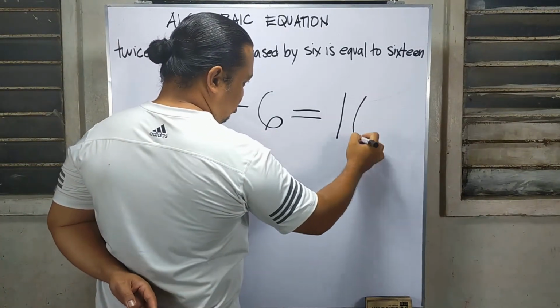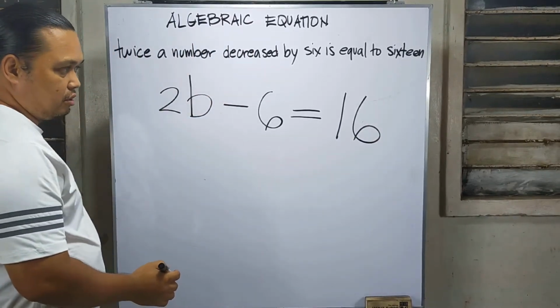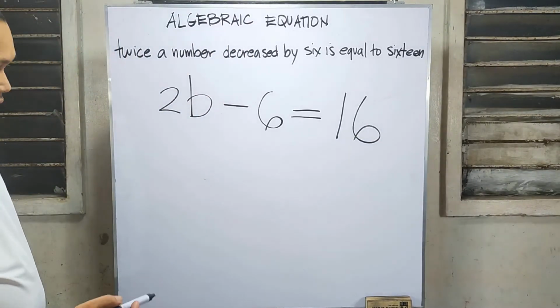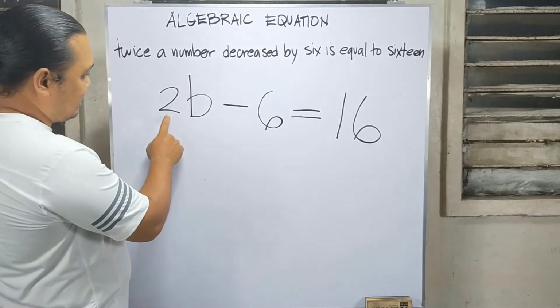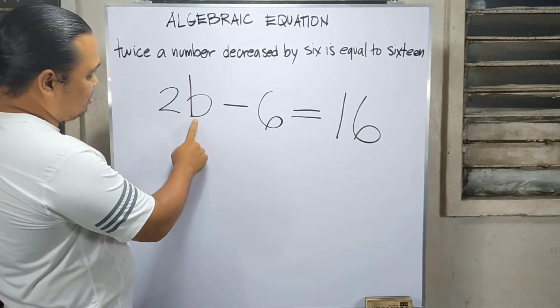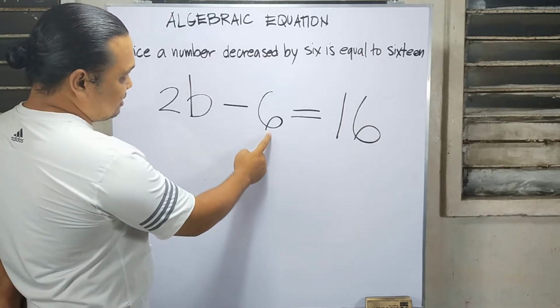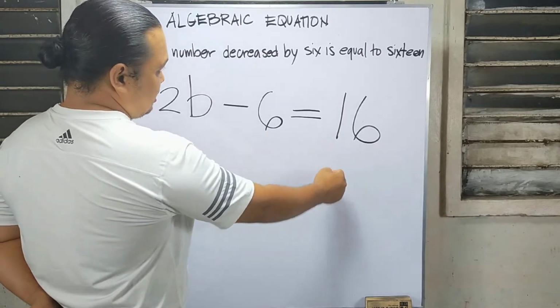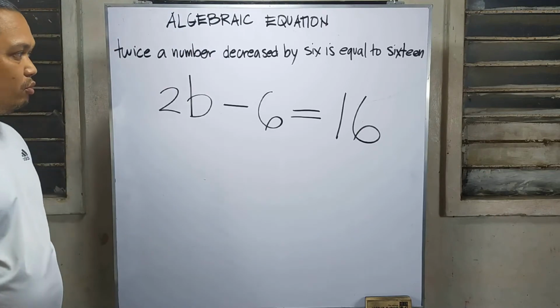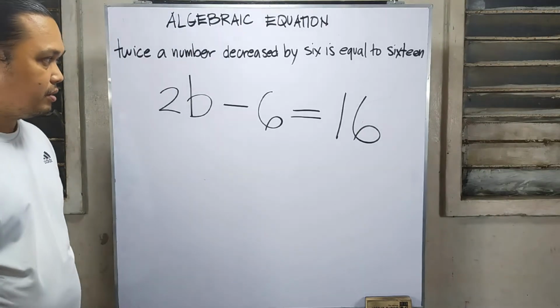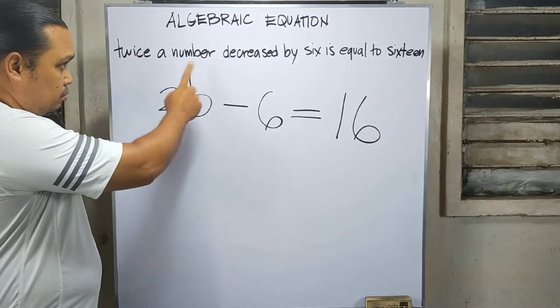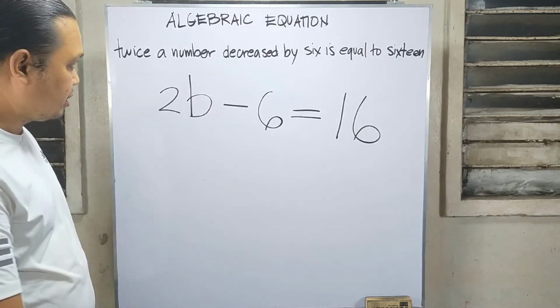That would be our answer, 16. So if you're going to read this: twice a number, that is a variable, decreased, meaning subtract or minus, by 6 is equal to 16. And that will be our algebraic equation for this word phrase. Okay, so let's have some more examples.